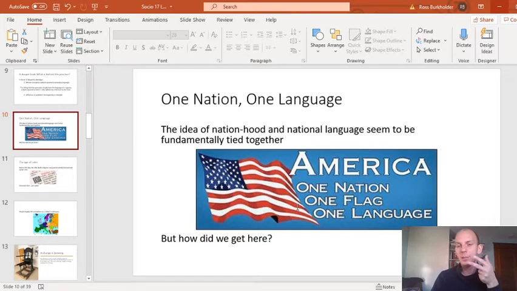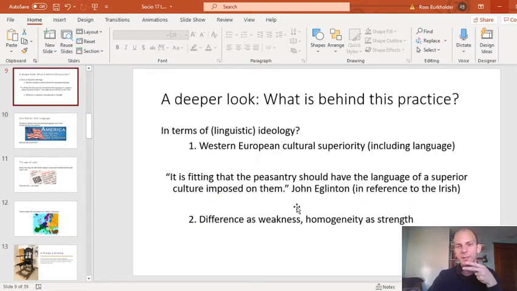And I want to present them as intertwined, as being part of this ideological complex of the United States that we find ourselves in.